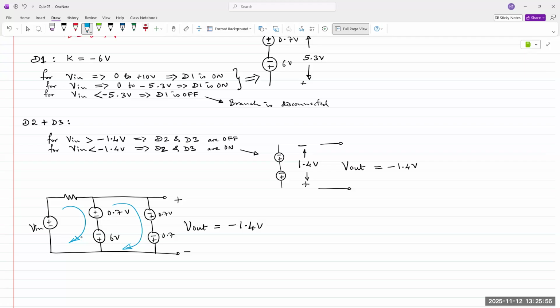If V in was 0 volts, okay, it'll go through the resistor. So yeah, KVL will be violated. That's essentially what you're saying. That's a very good question.